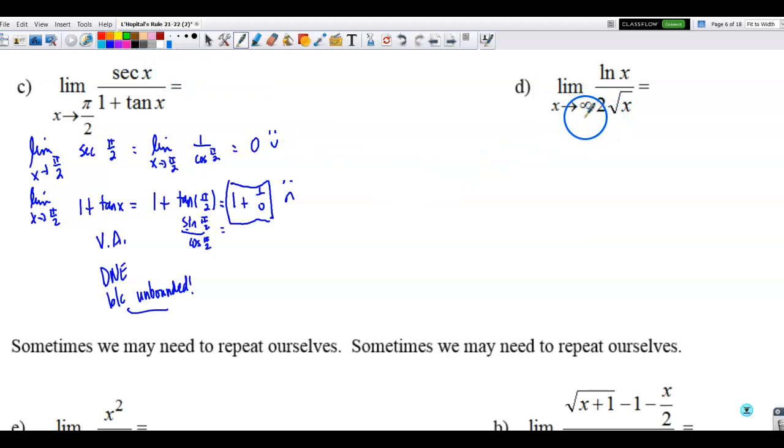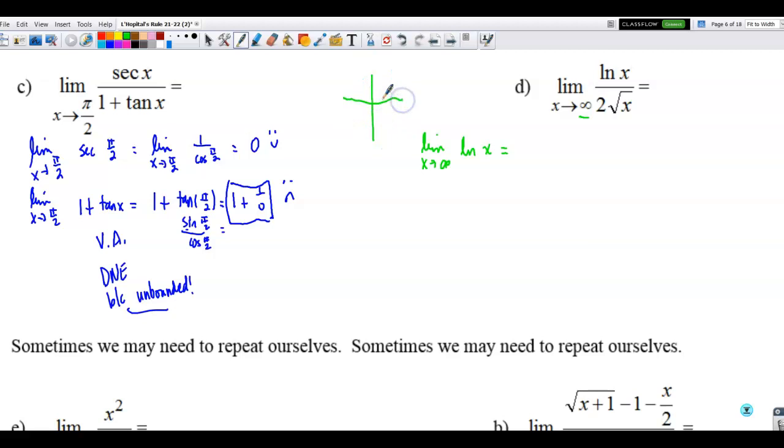So notice now I'm approaching infinity. I'm going to find the limit as x goes to infinity of ln x over 2 square root x. For this one, you sort of have to know what the graph of ln looks like.